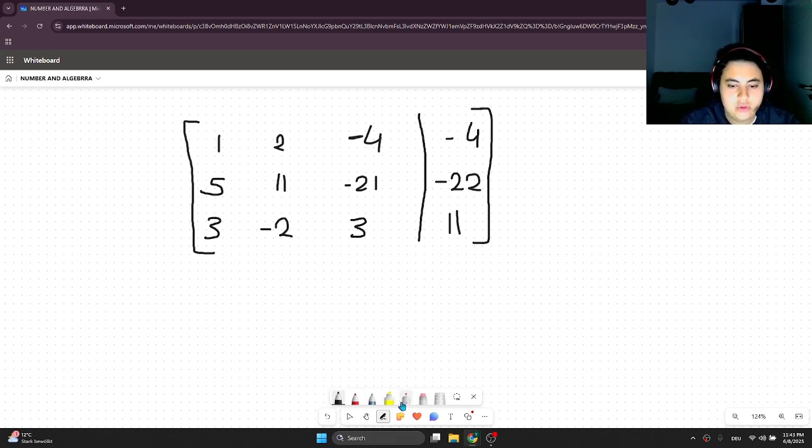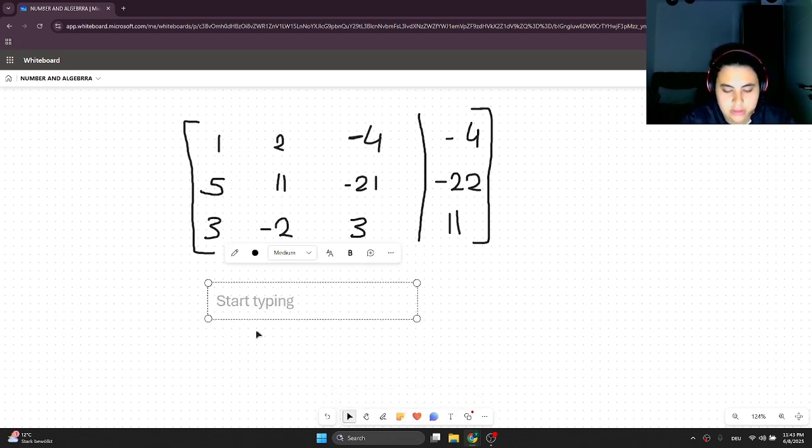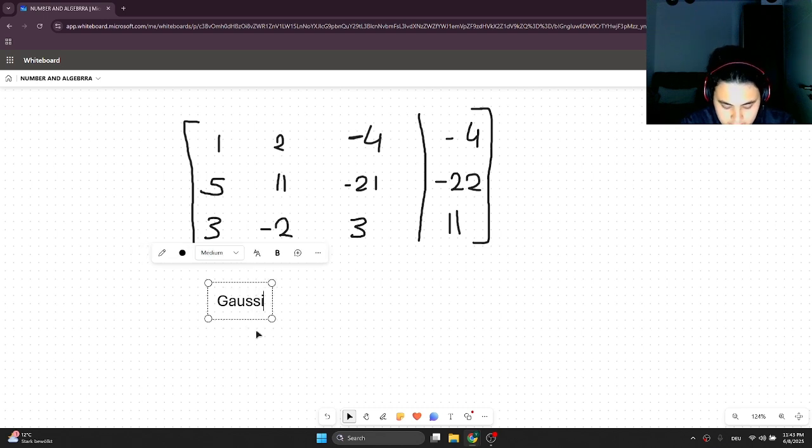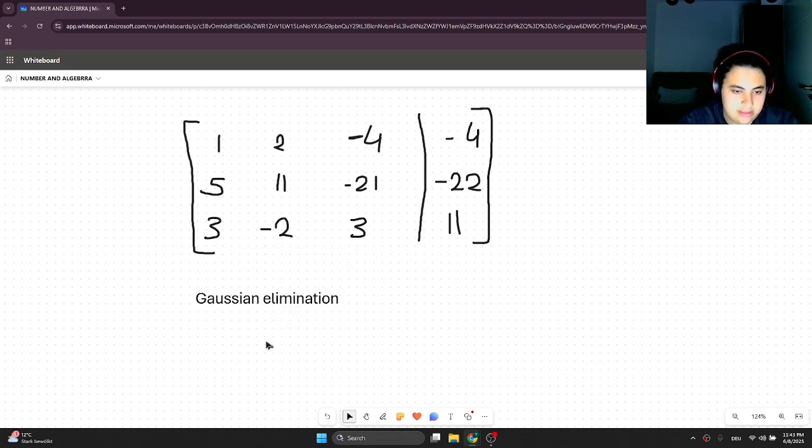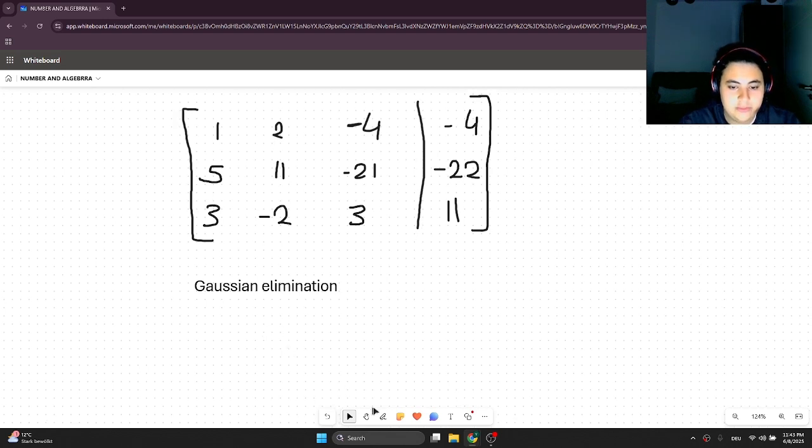Okay, so we're going to use something called, I need to write this, the Gaussian elimination. I don't know if I'm saying that correctly. I'm going to assume that I am. So we're going to use the Gaussian elimination. What is that exactly?